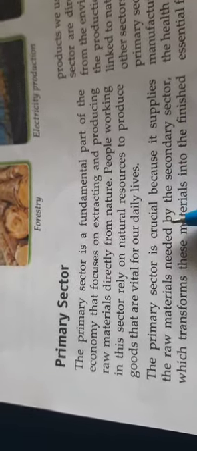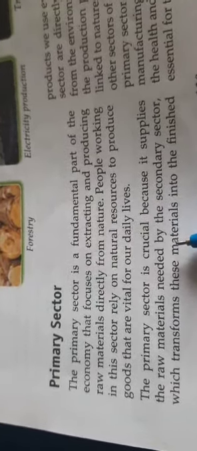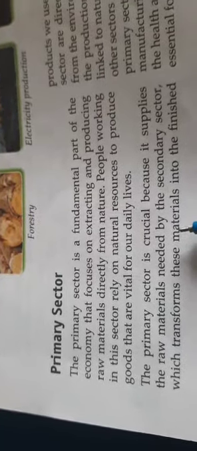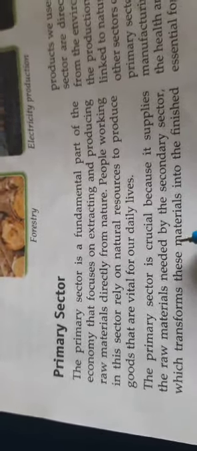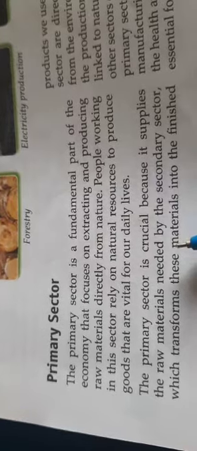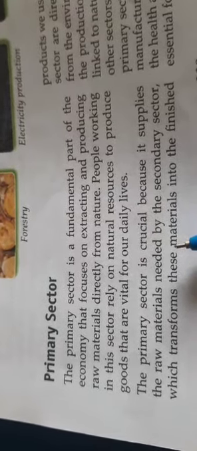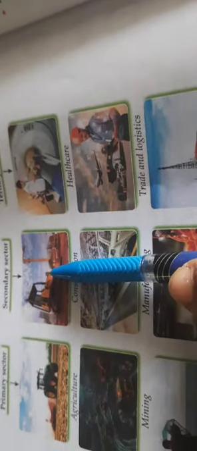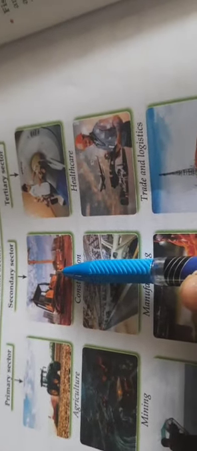The primary sector is crucial because it supplies the raw materials needed by the secondary sector, like construction of buildings, dams, and roads, or car manufacturing, e-rickshaw manufacturing, and bike manufacturing.